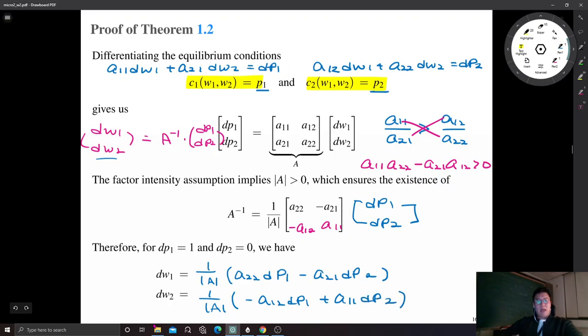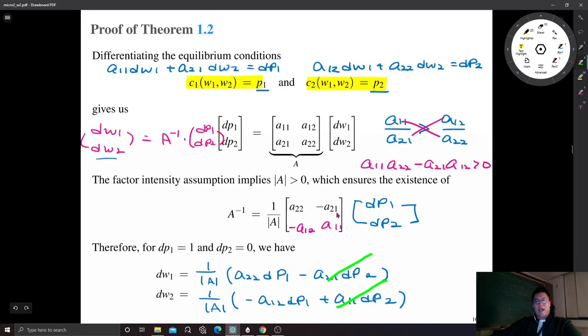Right? And remember, we are considering a change in the price of good 1, so there's no change in the price of good 2. So dP2 is 0, and these two terms go away.